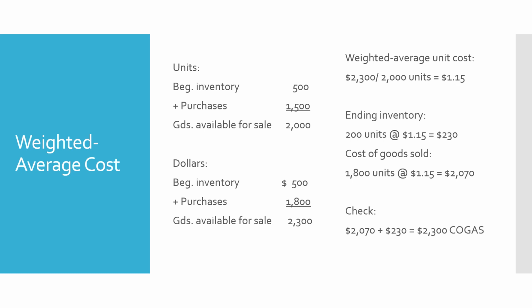There were 200 units in ending inventory. 200 times $1.15 is $230. So that's the value we're going to assign to our ending inventory. And for cost of goods sold, we're going to take the 1,800 units that we sold, multiply those times $1.15, and get 2,070. So if we add those two numbers together, we do get our 2,300 cost of goods available for sale.